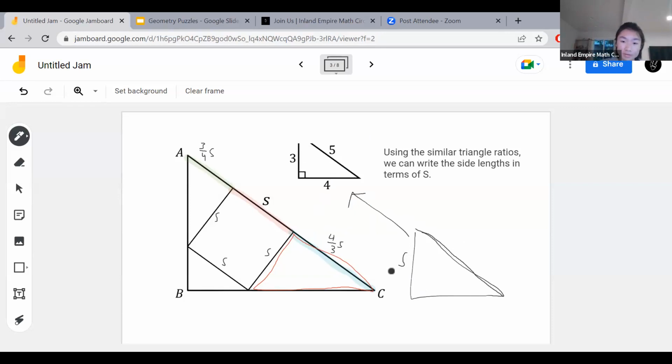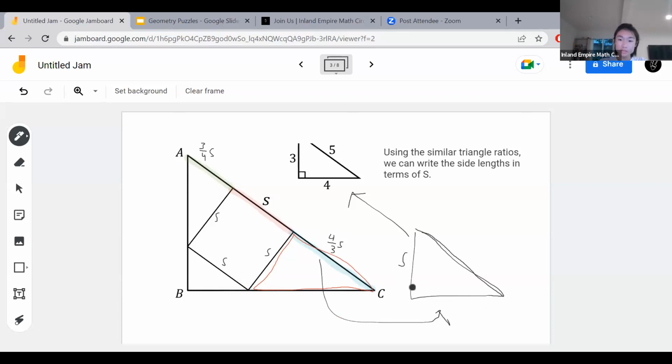So now if this S is 3, this bottom one, we would have to multiply by 4/3, right? So does that make sense? This side here has shifted down here because we flipped the triangle over. Let me make it a little bit more clear.